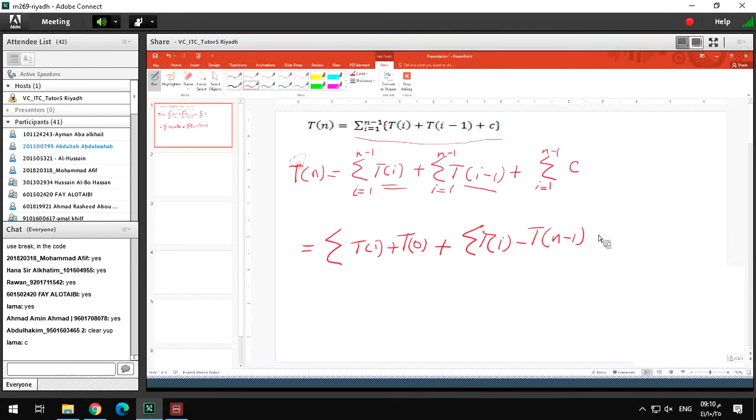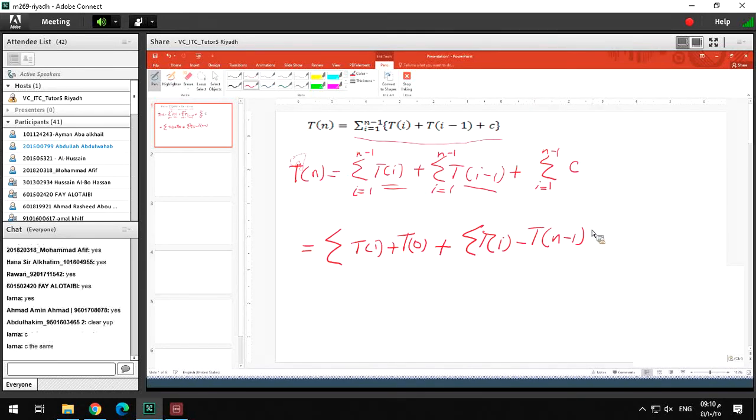And for the summation of C, it's going to be plus C of n minus 1.